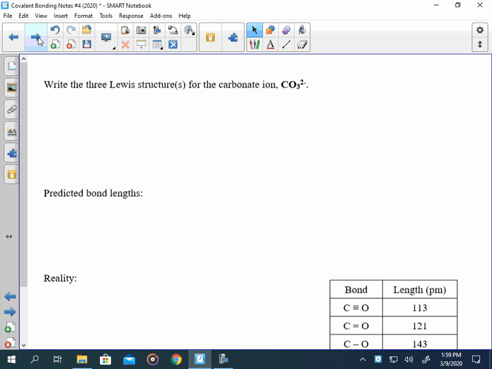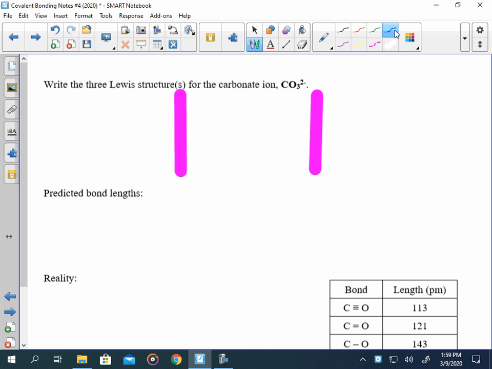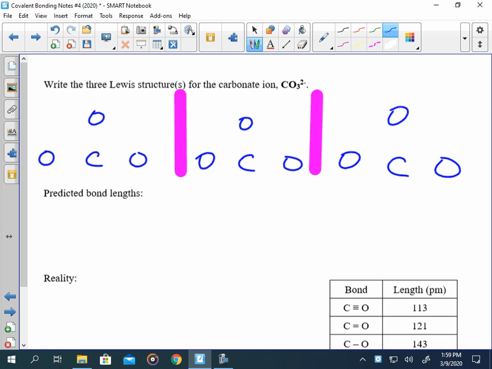Let's divide this into 3 columns. And watch how I do this. We're going to go carbon in the middle, oxygen, oxygen, oxygen. Carbon in the middle, oxygen, oxygen, oxygen. Carbon in the middle, oxygen, oxygen, oxygen. For clarity, I'm going to go double bond there, double bond there, double bond there.